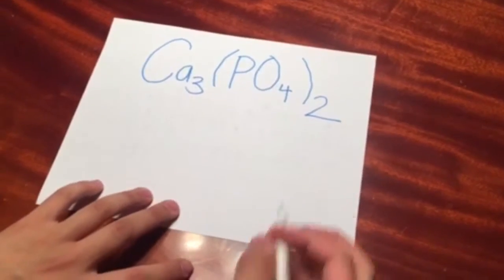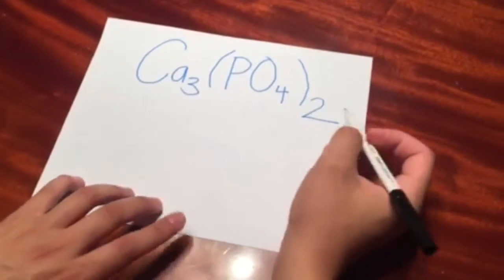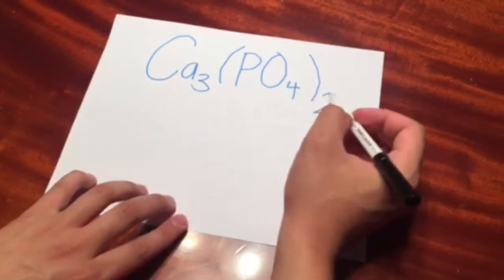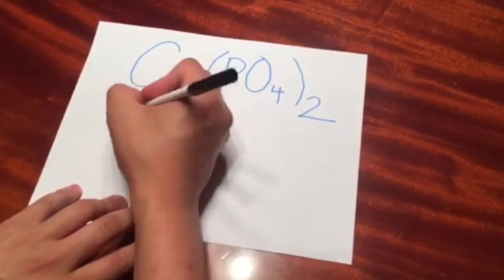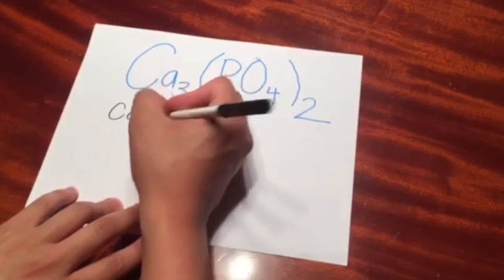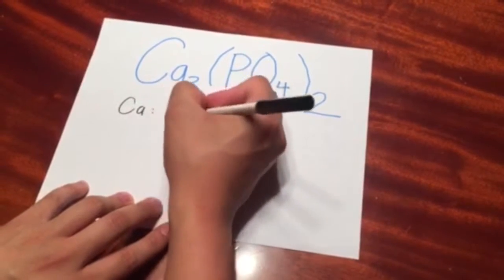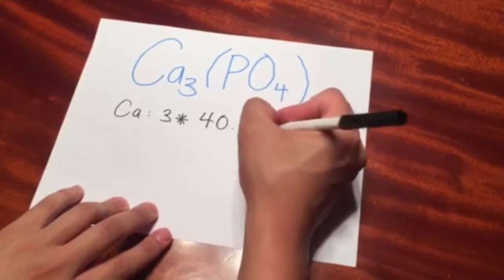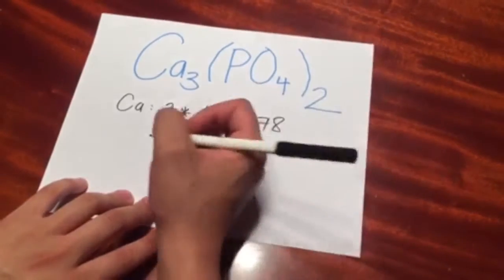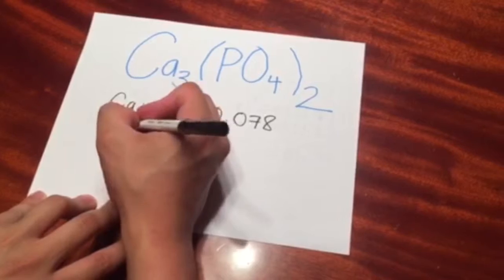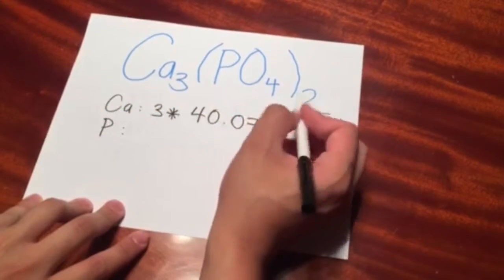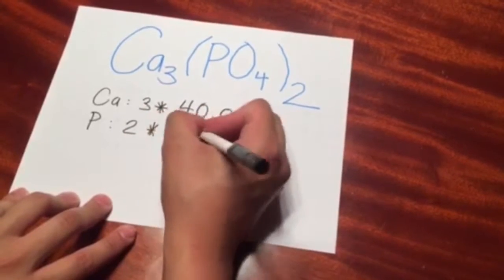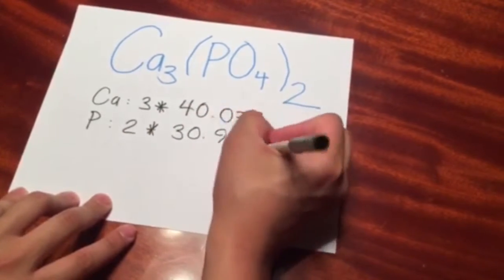Now we have a tricky one because we have a parenthesis, but that means that all the numbers inside you have to multiply by the number outside. So first is calcium. You have 3, so you multiply it by 3, and its mass is 40.078. Then you have phosphorus times 2, and its mass is 30.973.